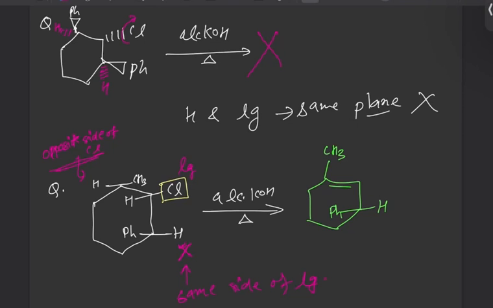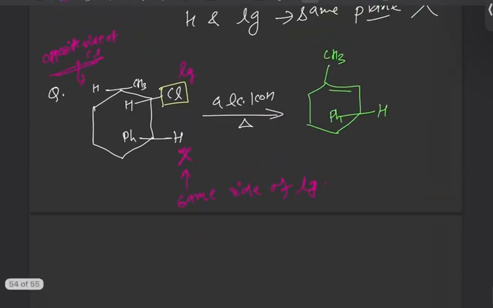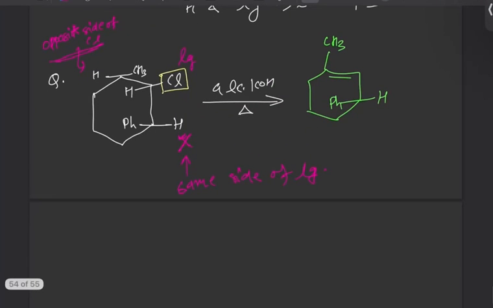Now you need anti-periplanar, meaning it should be on the anti-plane. Is this clear? Yes, sir. Hydrogen should always be on the anti side of the leaving group. Only then will you be able to eliminate it to form the elimination product for E2. Clear?